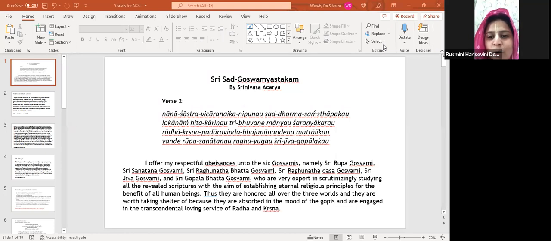Thus, they are honored all over the 3 worlds, and they are worth taking shelter of because they are absorbed in the mode of the gopis and are engaged in the transcendental loving service of Radha and Krishna.